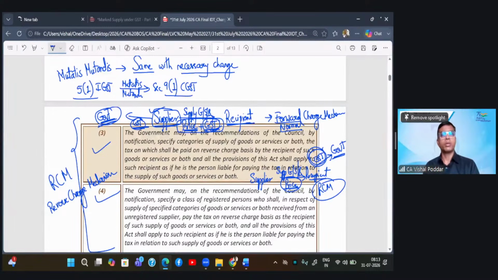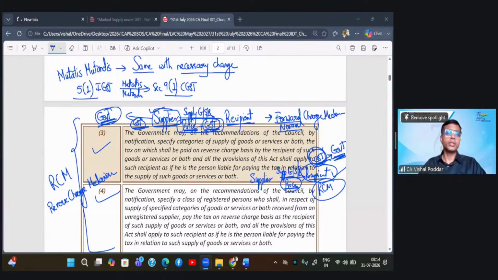So wherever they found it comparatively easy to catch the recipient than the supplier, they decided to change the mechanism and said that, boss, you are the person who has to pay the GST to us. So they have made the recipient the person responsible for paying GST. But why? Because in these few cases, which now we are going to read in the list, the government found that it is more convenient to catch the recipient.